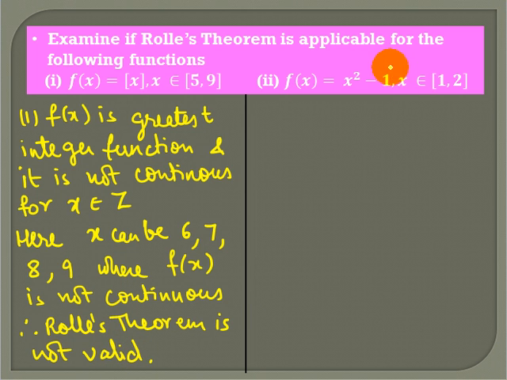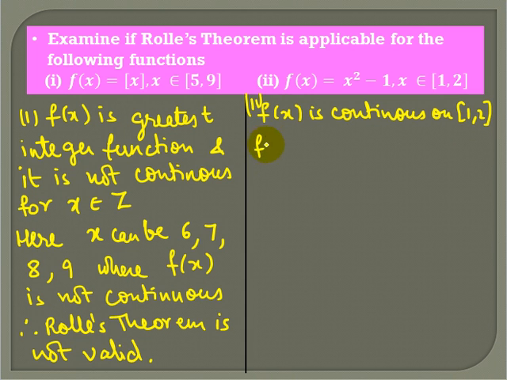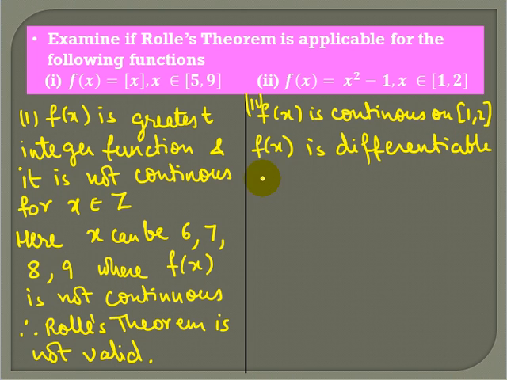It is a polynomial. We have done one such question. We can say f(x) is continuous on the given interval 1 to 2. This is the second part we are discussing. Also, f(x) is differentiable on the open interval 1 to 2. So first two conditions are met. Let us check the value of the function at the endpoints.